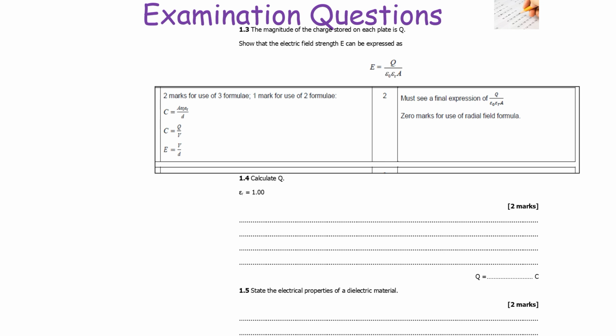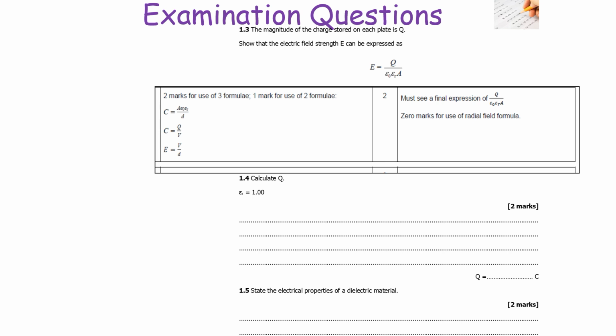And then electrical field strength, E is equal to V over D. Once again, all these equations are given to you. So what you can do is substitute Q over V into the top equation, rearrange it and make the subject V over D, and then at that point substitute E in, and therefore you can say E is equal to Q over epsilon 0 epsilon R A.